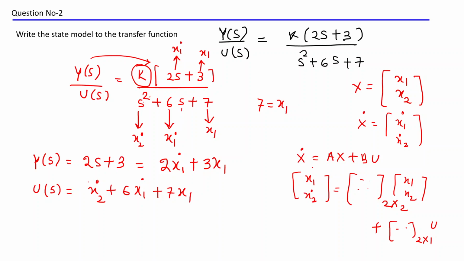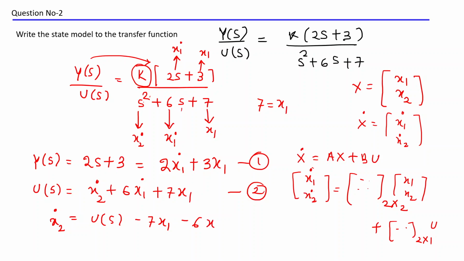Yes, sir. Okay, as you have written this, you just have to arrange these equations, because on the left hand side you should have x1 star and x2 star. See, this is equation 1, this is equation 2. Now I arrange equation 2 and write x2 star equal to, u of s should go to the right hand side, u of s minus 7x1 minus 6 x1 star.